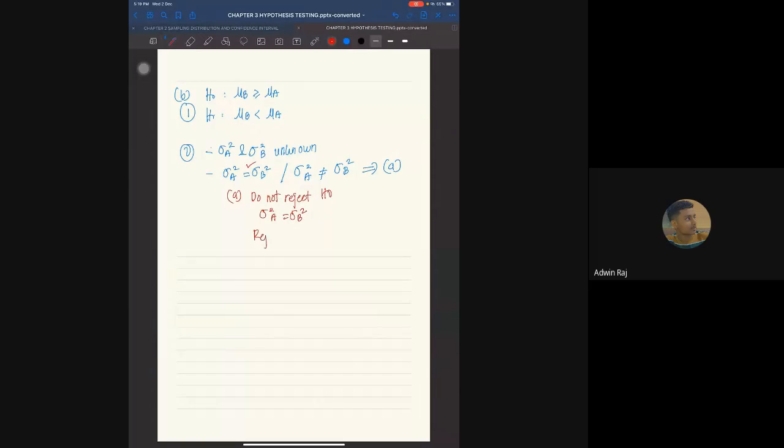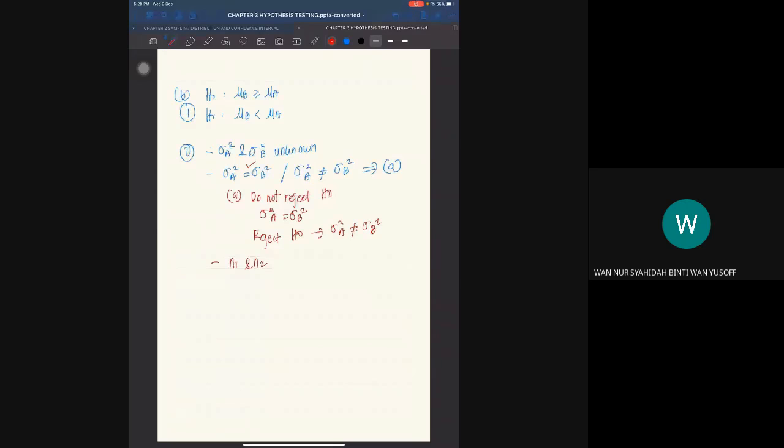If reject H0, then we use unequal or equal? Unequal, opposite to that. Unequal, so sigma square A is not equal to sigma square B. Then the third condition is n. So that's how questions A and B are related to each other.